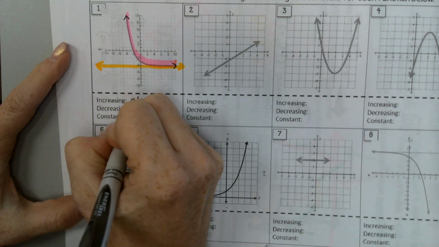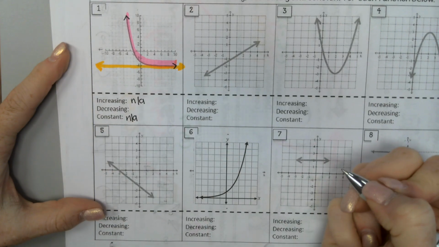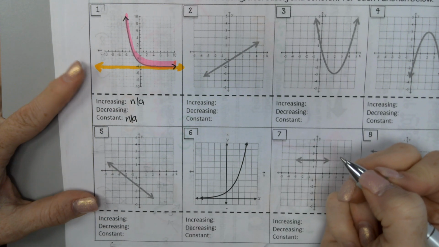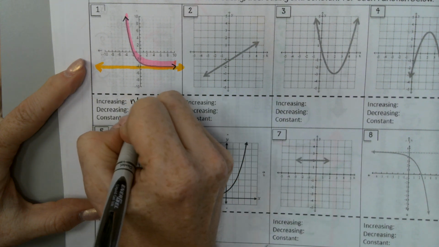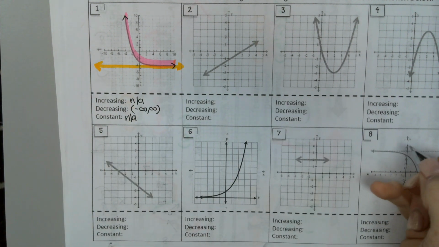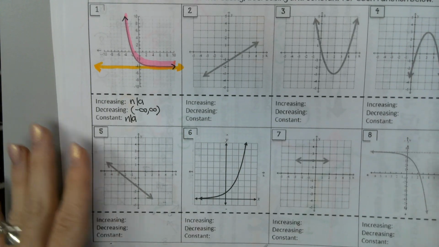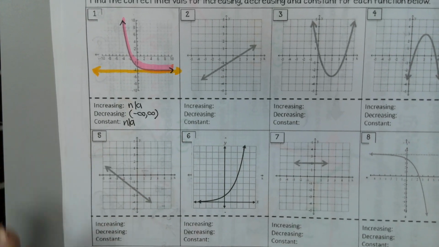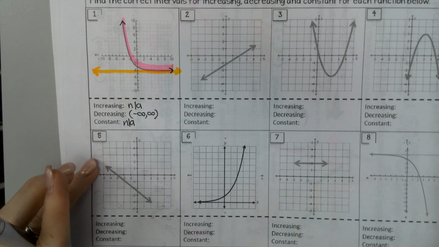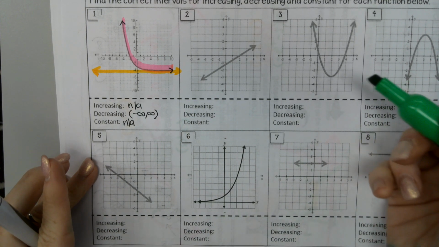This graph is also never constant. The asymptote is not part of the graph, okay? This graph is, however, from left to right, the entire thing decreasing.